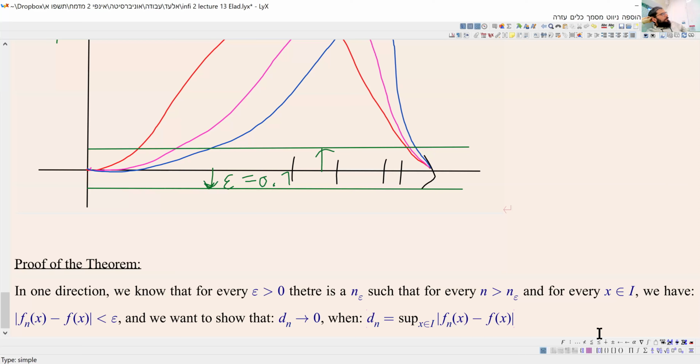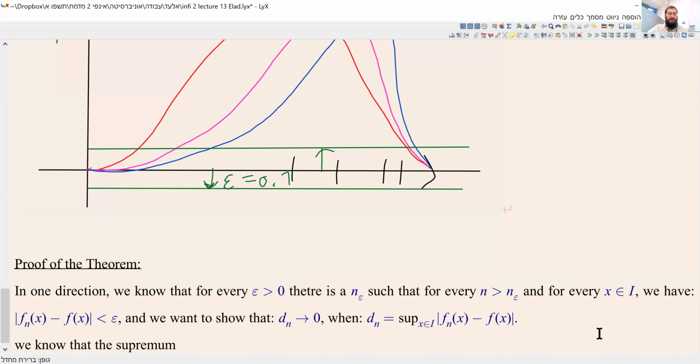Now, the difference between dn, which is the supremum, and the difference itself, fn(x) and f(x), is very small. What is the supremum? We know that the supremum is the smallest upper bound.